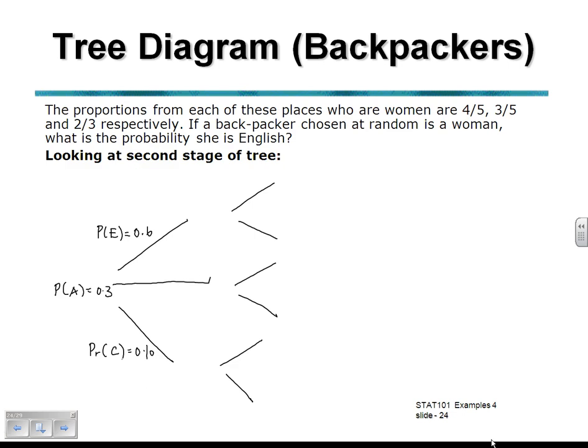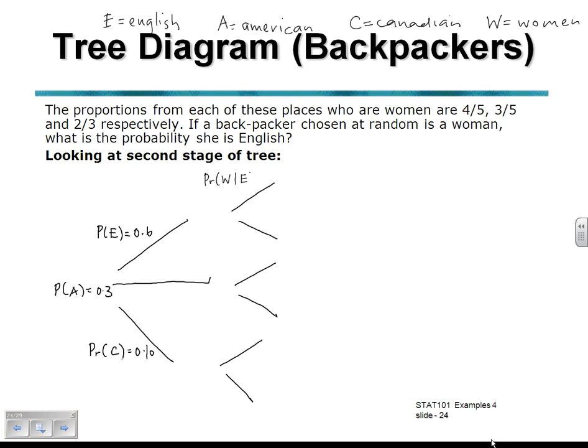Just transferring across to looking at the second stage of the tree. The second stage of the tree being, is the backpacker a woman or not a woman? So for English, American, and Canadian, followed by the next stage of the tree: are they a woman or are they not? So these are conditional probabilities.